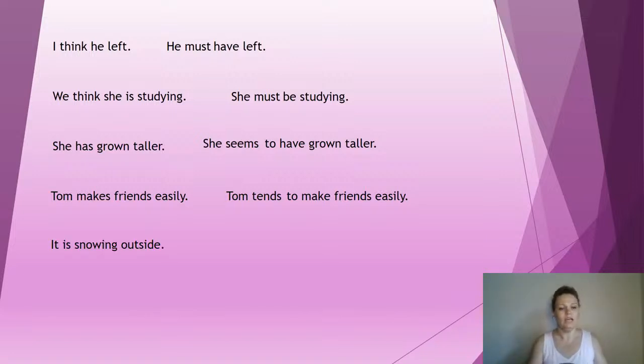The next one: it is snowing outside. In this sentence, I also want you to save this present continuous. So it seems, and after seems we use the to infinitive, and here we will have: it seems to be snowing outside.